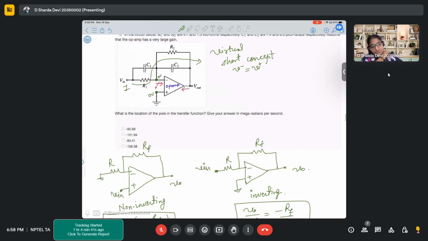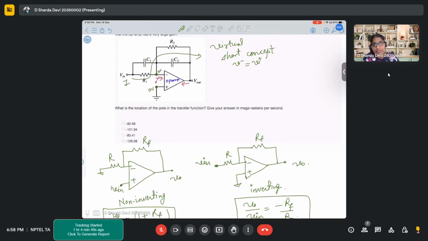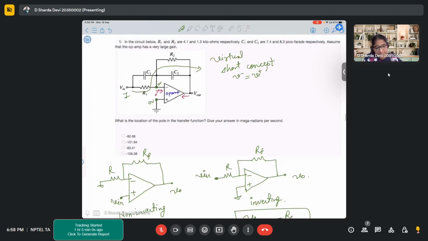Now with this information, you have this amplifier and we are only talking about negative feedback over here. Output is being connected to the input at the inverting terminal or negative terminal. So this is negative feedback. Now looking at the circuit, what type of configuration is this, inverting or non-inverting? Inverting.